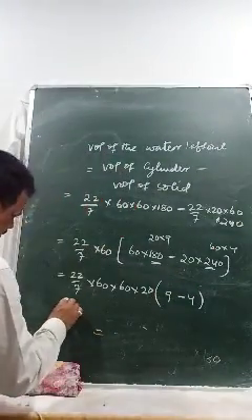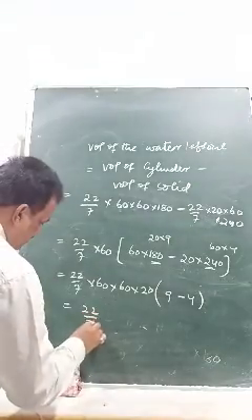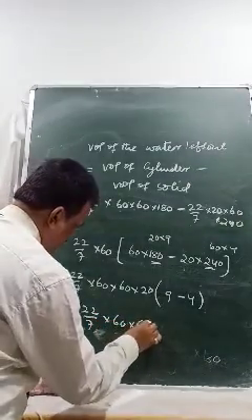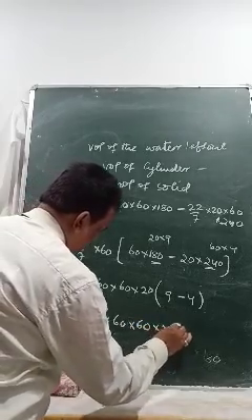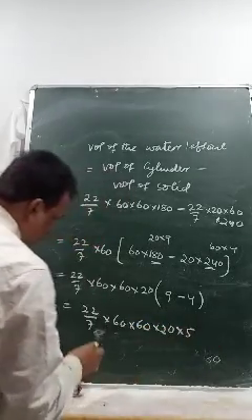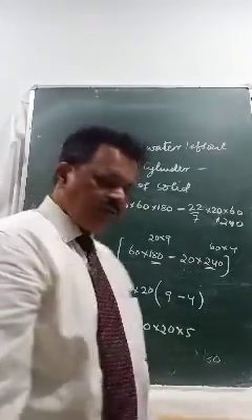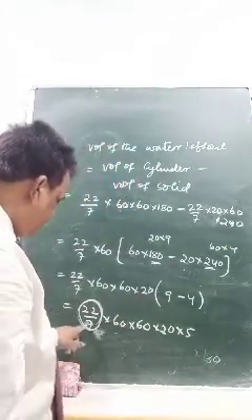So this is 22 by 7, 60, 60, 20 into 5. In place of 22 by 7 we can also use 3.14.